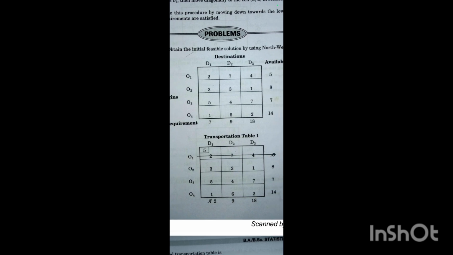Just after looking at the table, step number 1: select the northwest corner cell of the given matrix, that is origin 1 and destination 1. Compare the availability and the requirement.